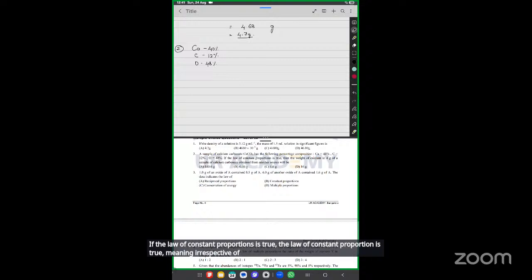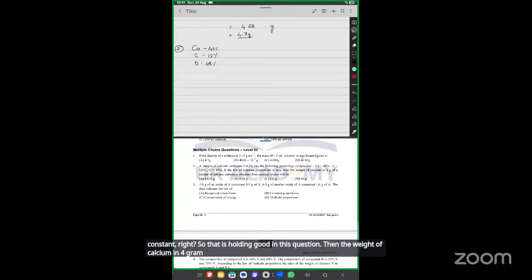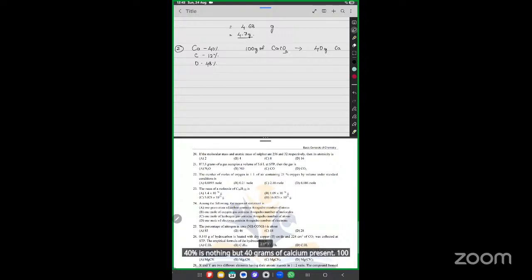If the law of constant proportions is true, meaning irrespective of the source, the ratio of the masses remains constant, that is holding good in this question. Then the weight of calcium in 4 gram of a sample of calcium carbonate. We know that in 100 grams of CaCO3, 40% is nothing but 40 grams of calcium present.